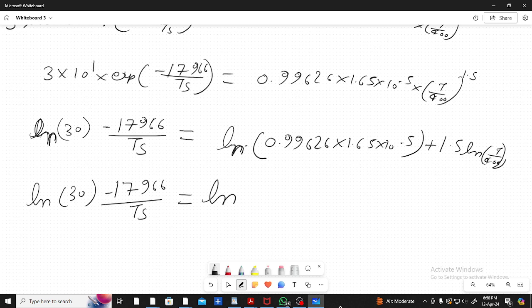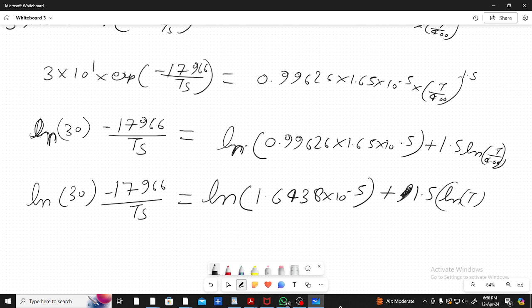Can you multiply this and tell me what 0.99626 into 1.65 is? 1.6438 into 10 to the power minus 5 plus 1.5 into ln T minus ln 400. Is this fine?